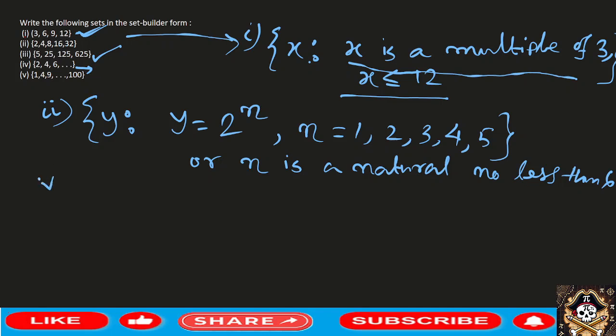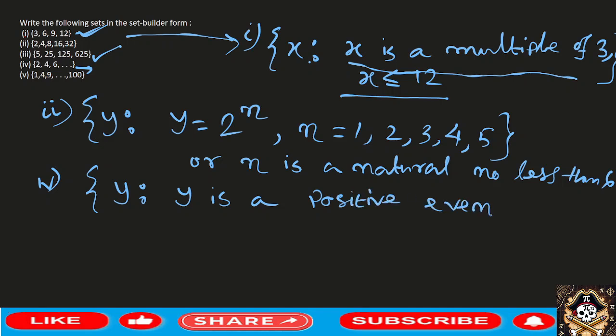Therefore, we can write y such that y is a positive even number. That's it.